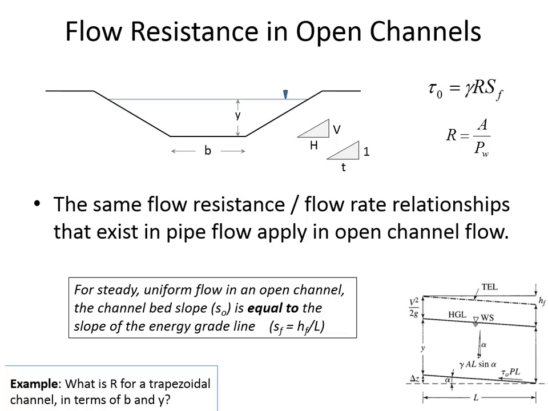And the reason why is that this section over here, the length of that section is t times y. This triangle is saying for vertical of 1, you have horizontal of t. That's defining the slope of that side slope. And so if our depth is y, then this segment right here is t times y. Okay.